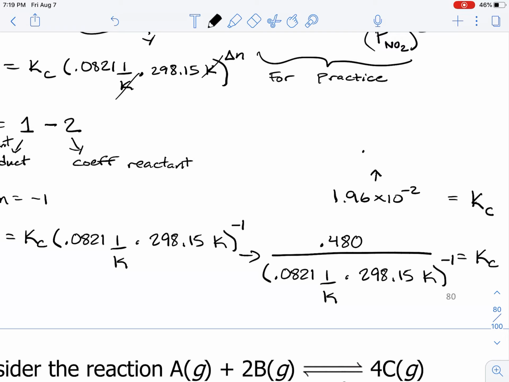So this is going to be 0.0196. Okay? And that's an equal value for Kc. So you guys can represent the answer in one of two ways. All right, so pretty simple enough. You just plug and chug.